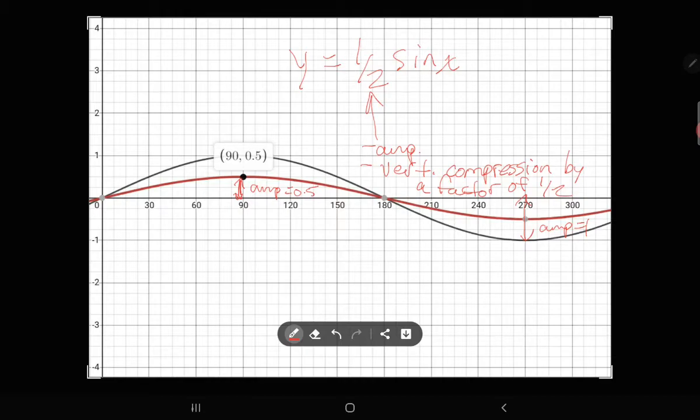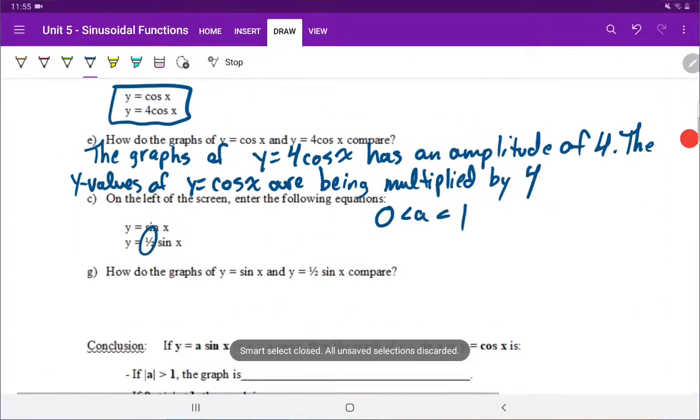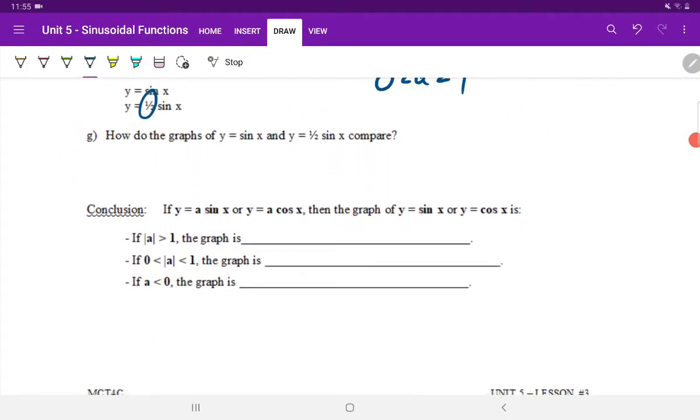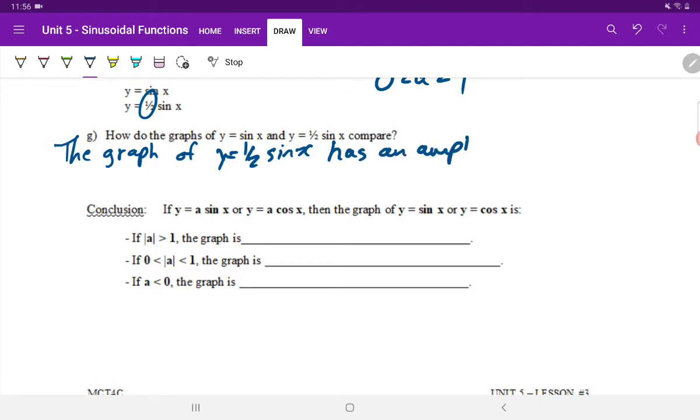Okay. So let's go back to our note and let's finish this off for the effect that a value has on our sinusoidal functions. So how do the graphs of y equals sine x and y equals 1/2 times sine x compare? The graph of y equals 1/2 times sine x has an amplitude of 1/2.